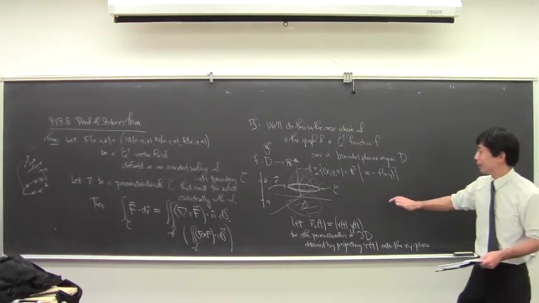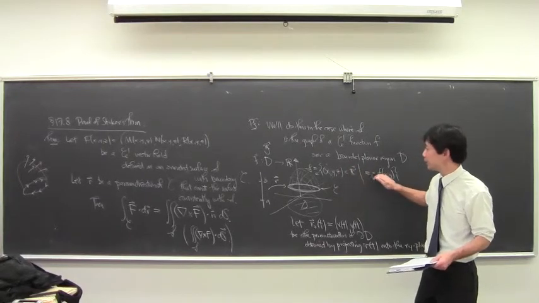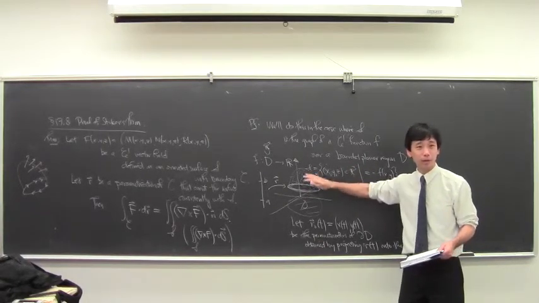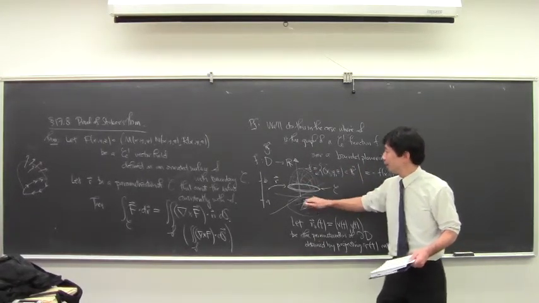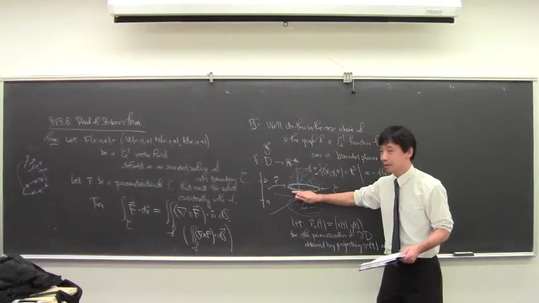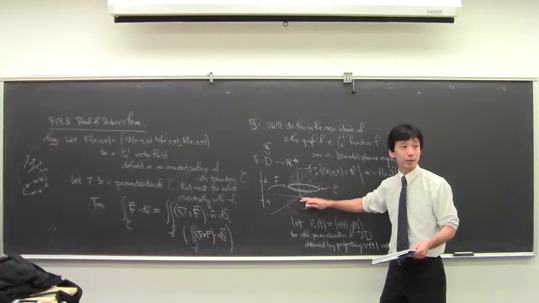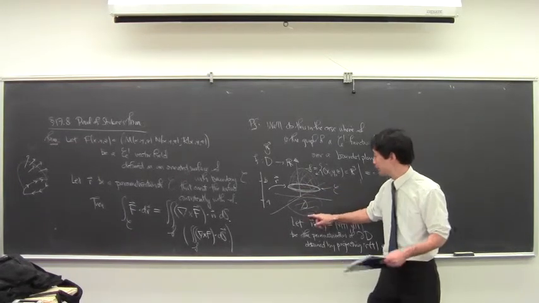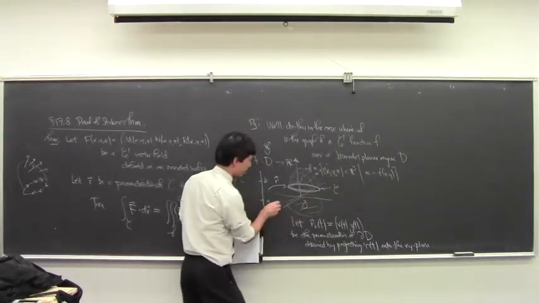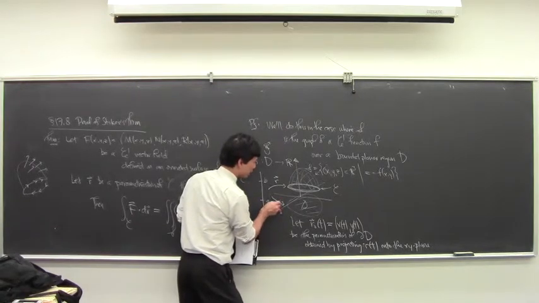Okay, so just notation. We have the graph here. Our surface is a graph. We have r, which is the parameterization of this thing, and then we project r downwards, and we get this guy r naught.